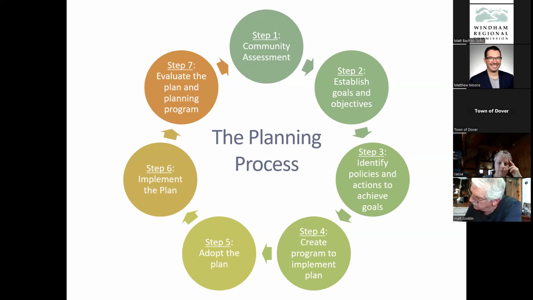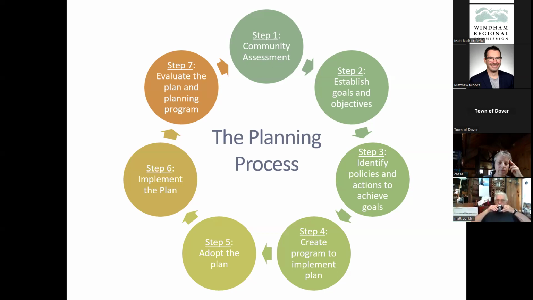And I always recommend to towns that in the step 3 process, it's important to be realistic in developing actions for the town, realistic in terms of what the town might be able to accomplish in the next several years, and not take on too much, because that can kind of be overwhelming if there are too many actions the town is trying to take. So I think it's good to be realistic and come up with a manageable number of action steps.